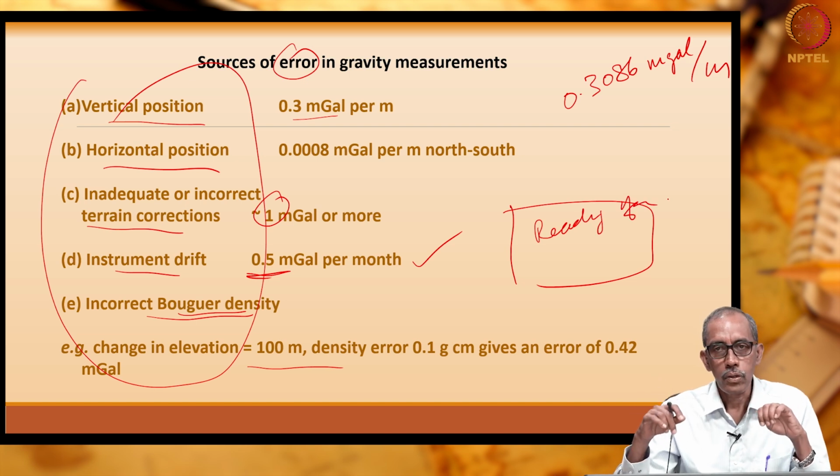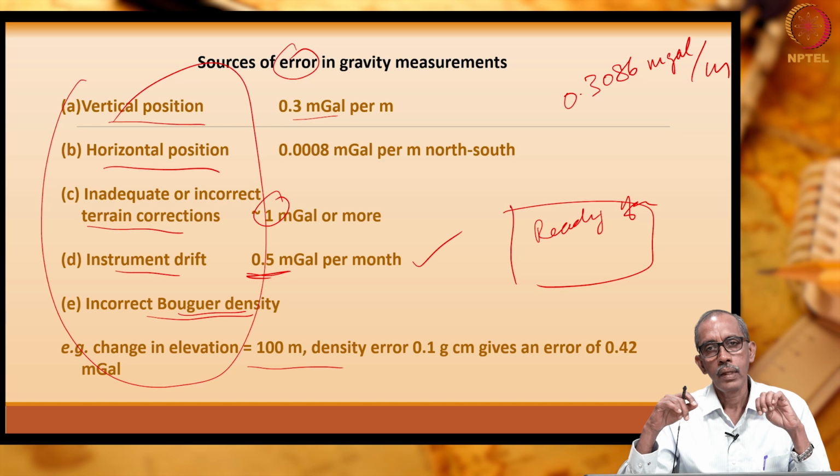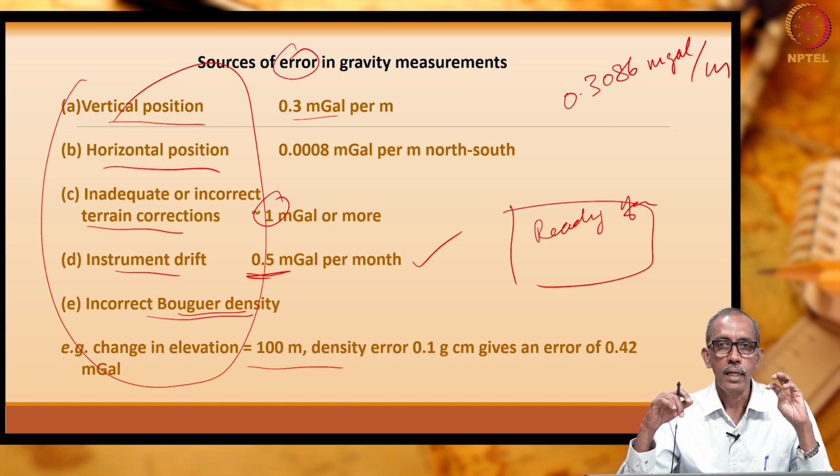Okay. So, in this lecture, we focused on the gravity data reductions which need to be applied, which are also called gravity corrections. What are all the corrections we learned today? First is the latitude correction, free air correction, Bouguer correction, terrain correction, lastly drift or tidal correction.